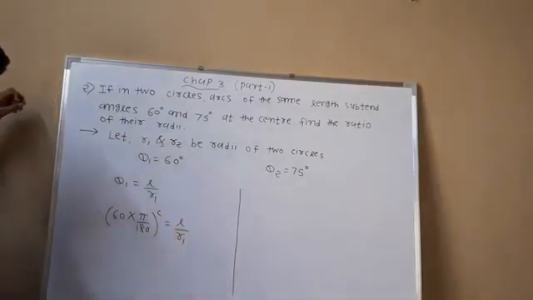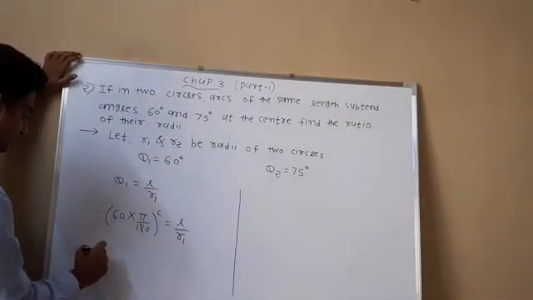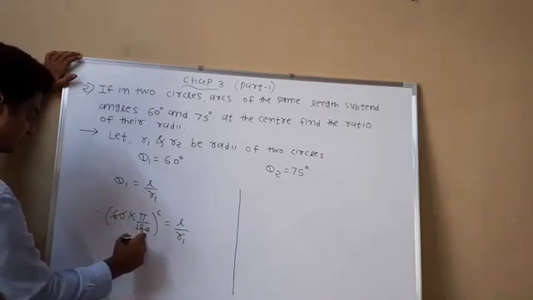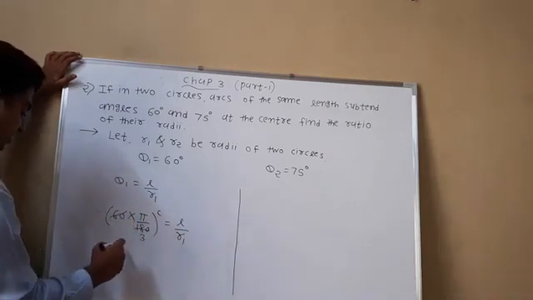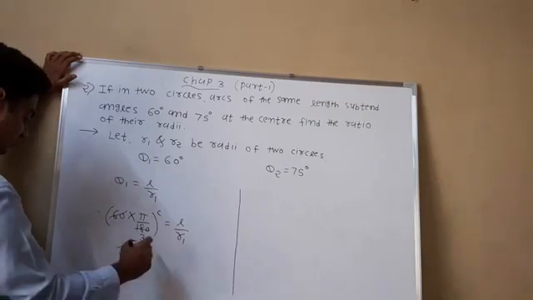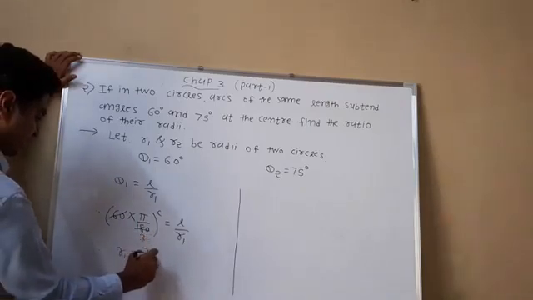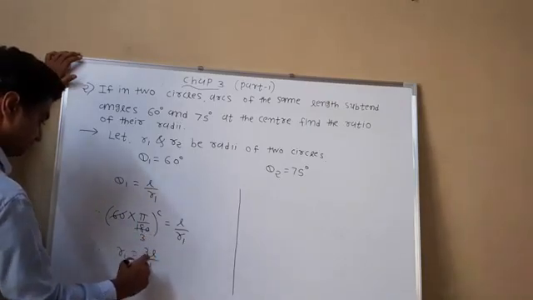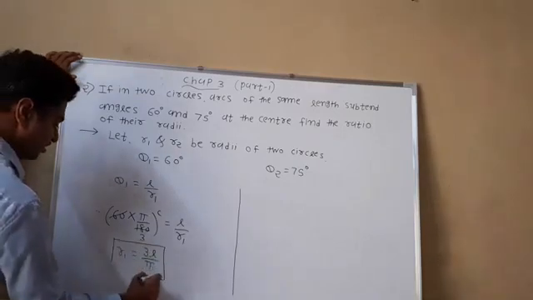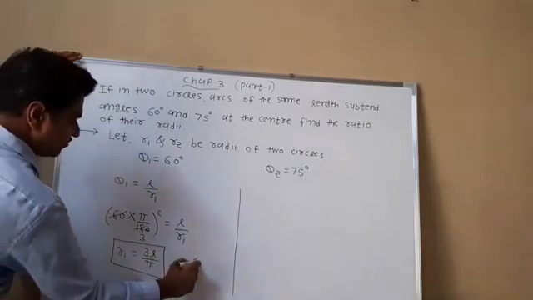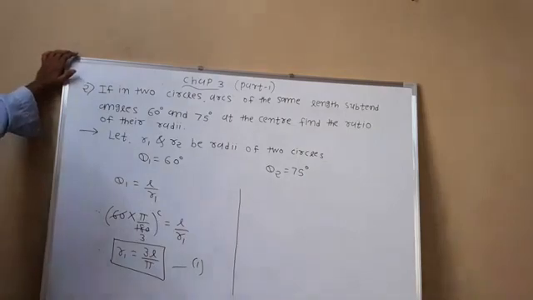Now simplify this term and we can cancel. So we get the relation R1 is equal to 3L upon pi. This is equation number 1.